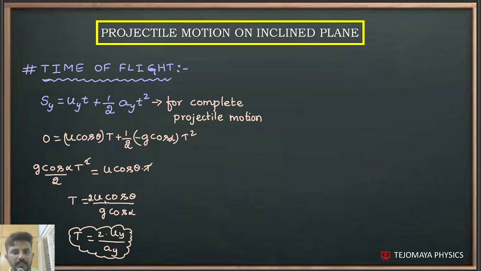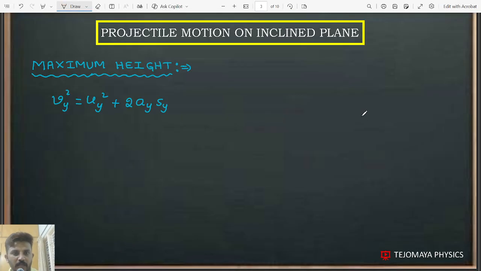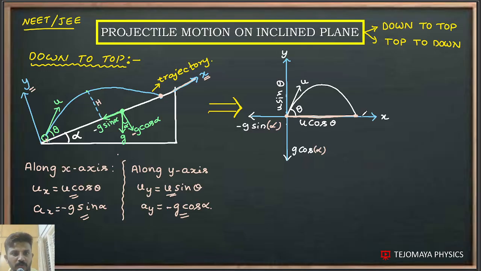Clear? Yes. Next, move on to maximum height reached. So what is the maximum height reached? H. So at the maximum height, the velocity along y-axis will be 0. We will have to consider only the velocity along x-axis, which is nothing but u cos theta, because along x-axis the velocity is not changing.